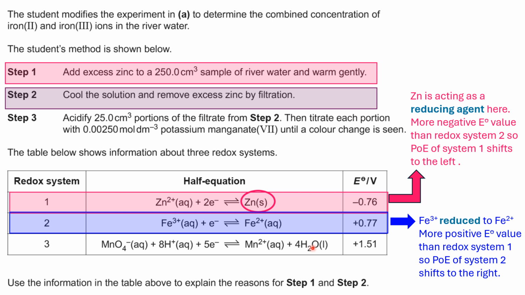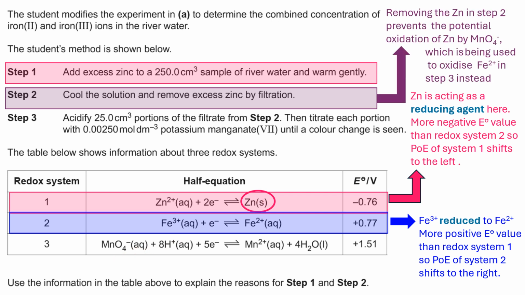The problem we have is if zinc is present, then because its electrode potential is more negative than plus 1.51, and also the electrode potential of our desired reduction is plus 0.77, either of these two things could potentially react with MnO4.